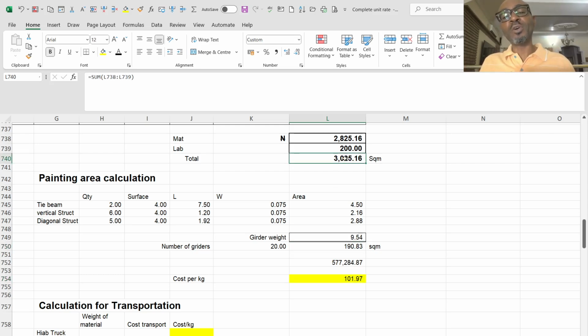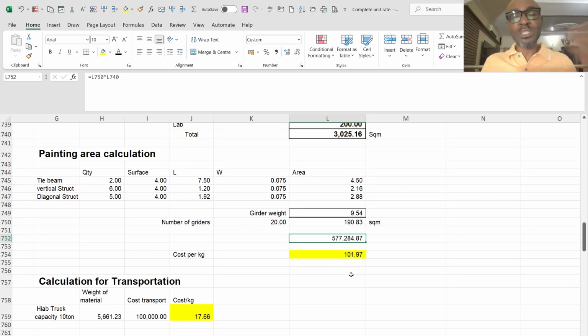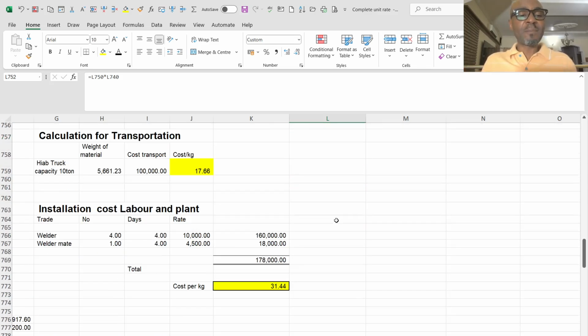Then this will be your unit rate that you're going to apply on the quantity. Even if you approach it in this manner, you're still going to arrive at this amount. So it is still the same thing. Whichever way the bill is being written, that is how you're going to approach it. So now this is the painting.